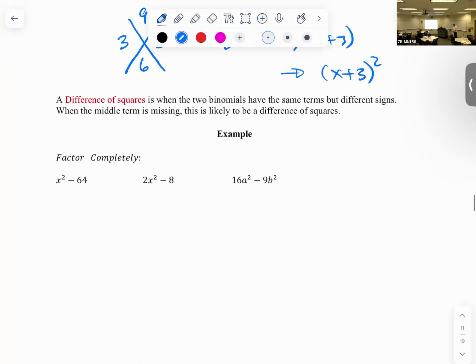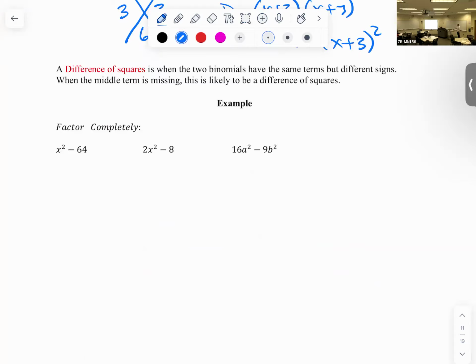To that end, difference of squares. I have lots of these just because this is very, very common, mostly because we already did one of these. This is two terms, but it actually uses the diamond, because all of these have what in common? The 0x, yes, the placeholder in there.